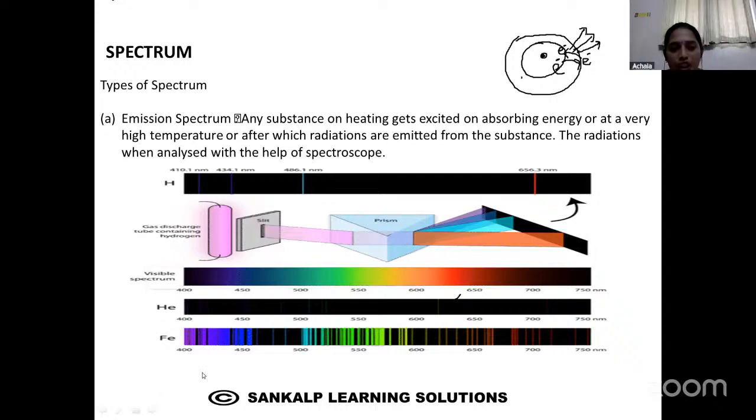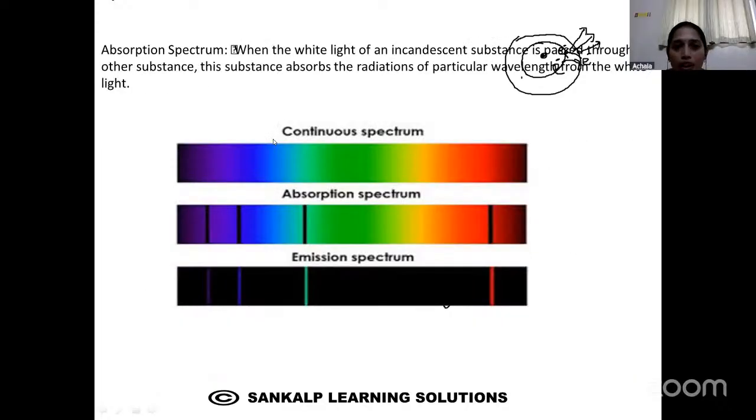Then the next spectrum is absorption spectrum. Here, when an incandescent substance is passed through another substance, this substance absorbs some radiation of particular wavelength from the white light. Consider here sodium chloride is there.